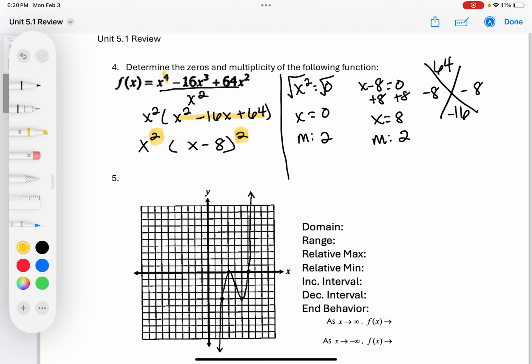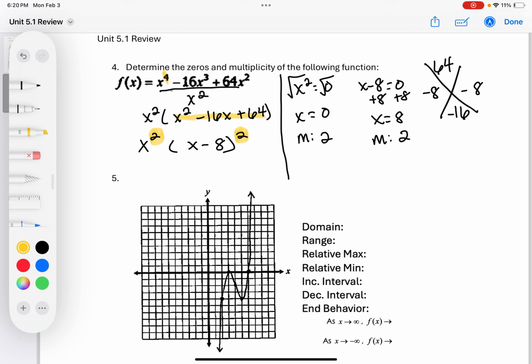Remember, the only other thing you need to know is behavior. So for multiplicity behavior, we've got 2 and 2.